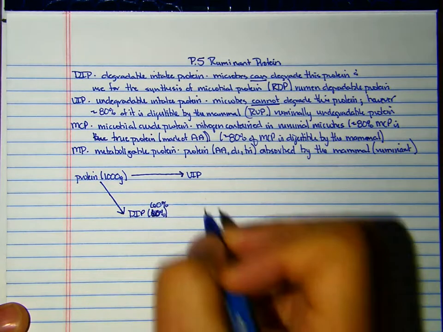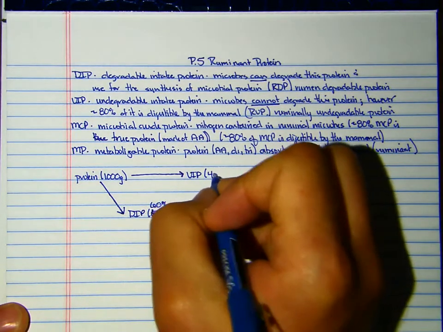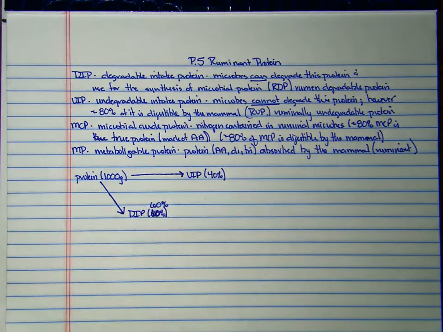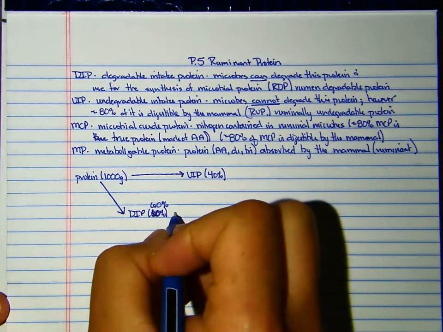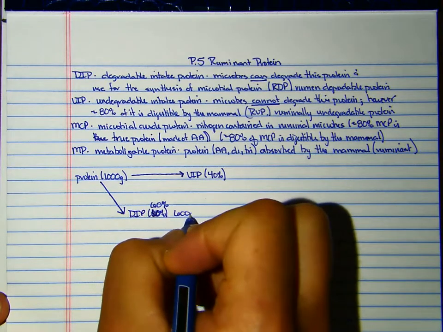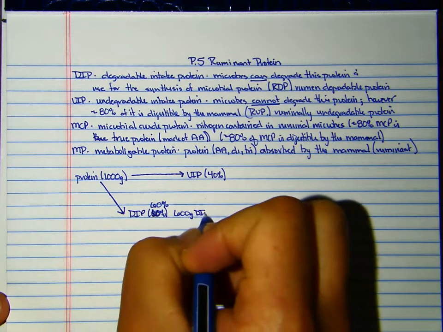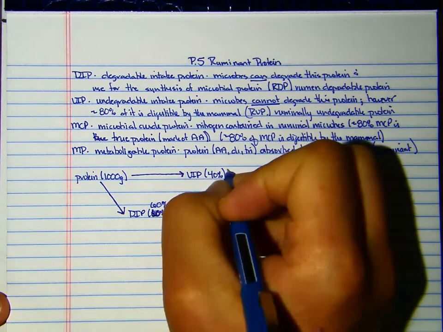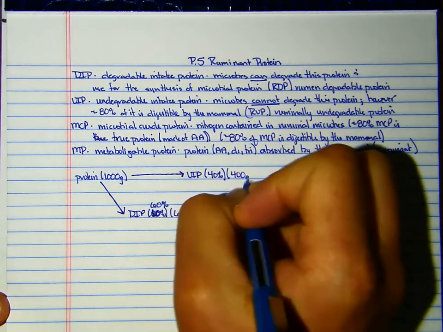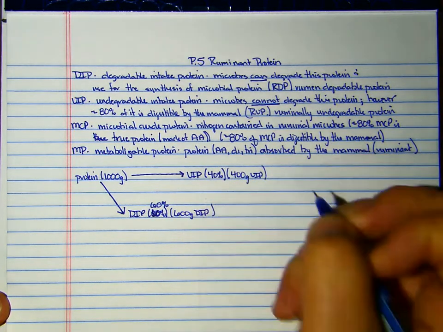We're going to do it so they look different. And 40% UIP. The way I figure it is 1 minus DIP tells us how much UIP we have, because it has to be either DIP or UIP, which means my animal has access to 600 grams of DIP and 400 grams of UIP.